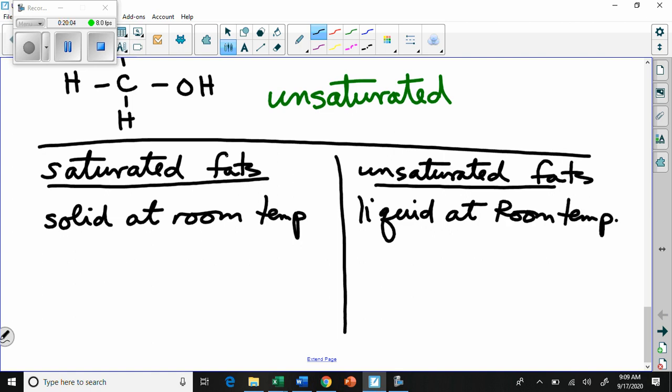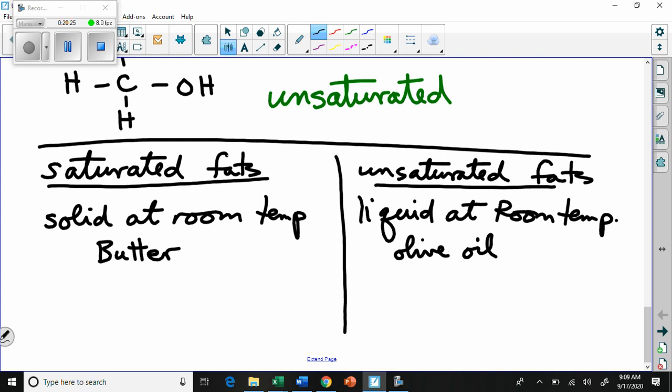And so you'll find saturated fats in things like butter. Butter tends to be a chunky solid. It's essentially a whole bunch of fat. But olive oil, which is a fat made by olives, tends to be a liquid.